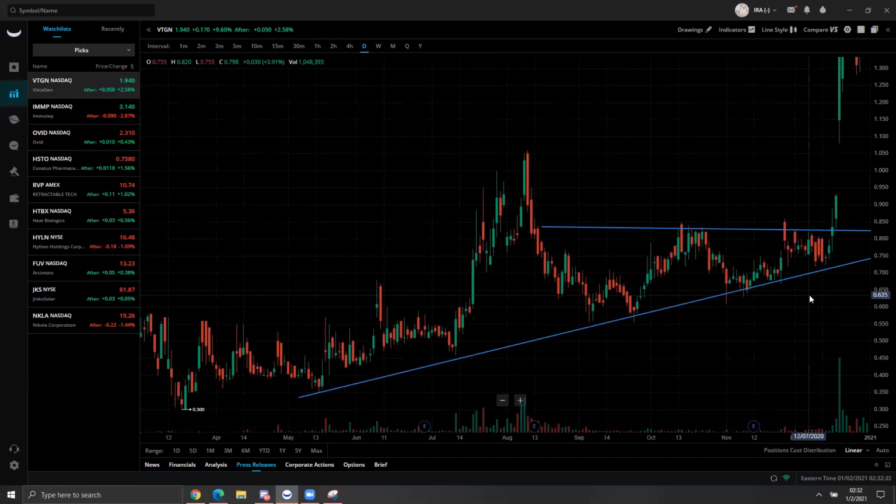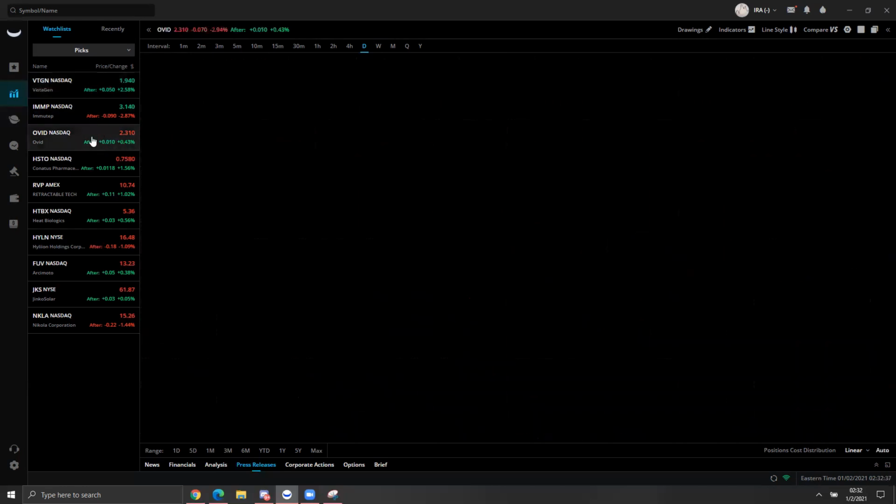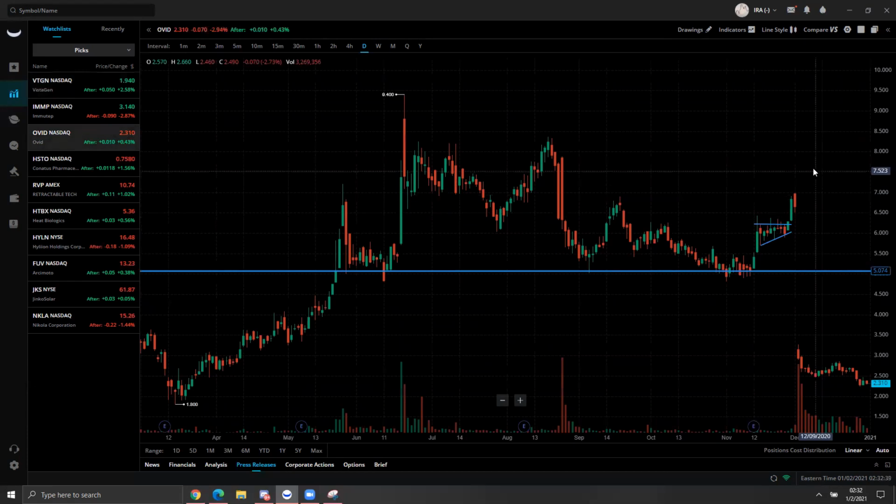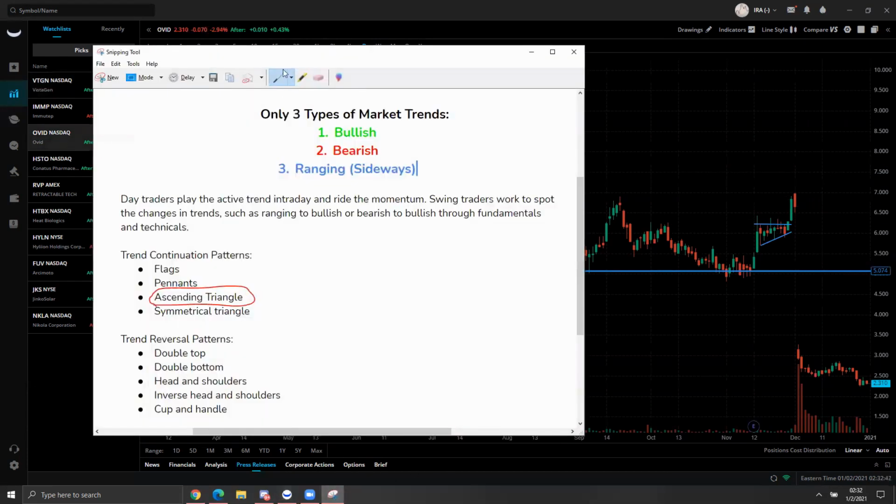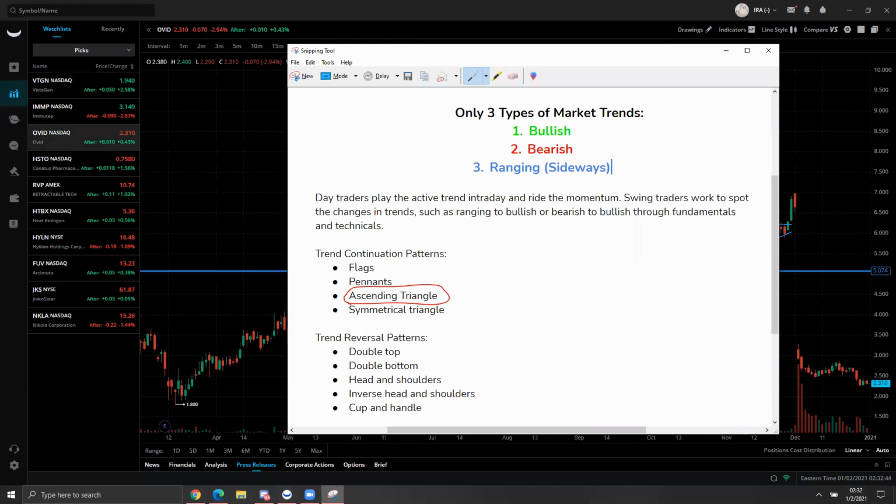Now the second setup is something we call a flag or a pennant. These are also continuation patterns, and I like to group them in one similar form factor because a flag and a pennant look very similar. They're not the same as an ascending triangle.